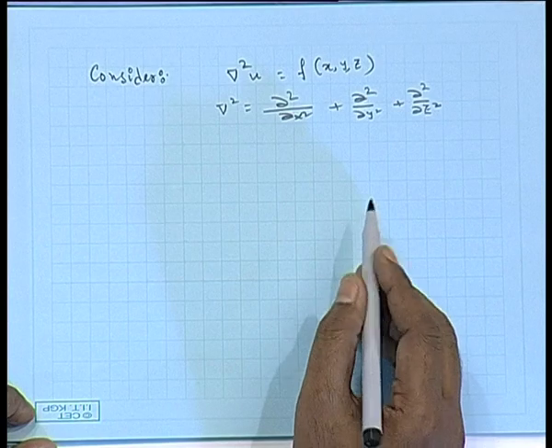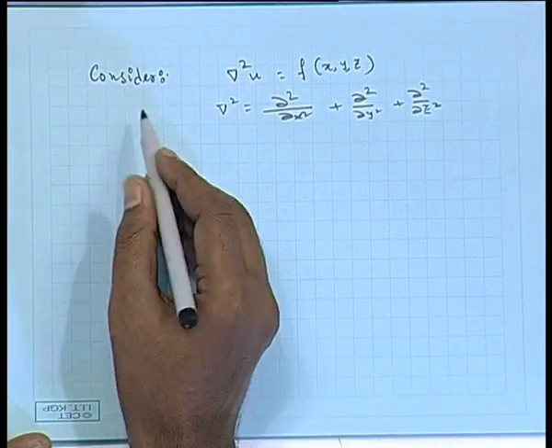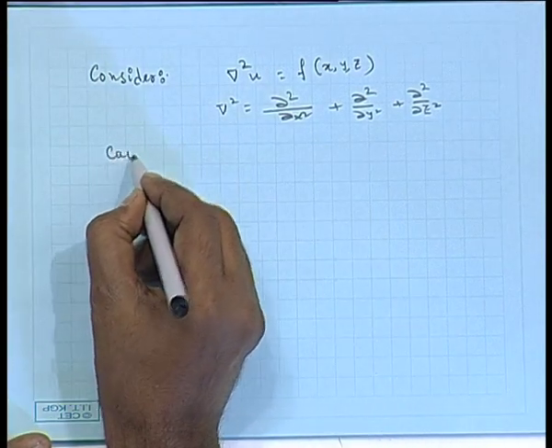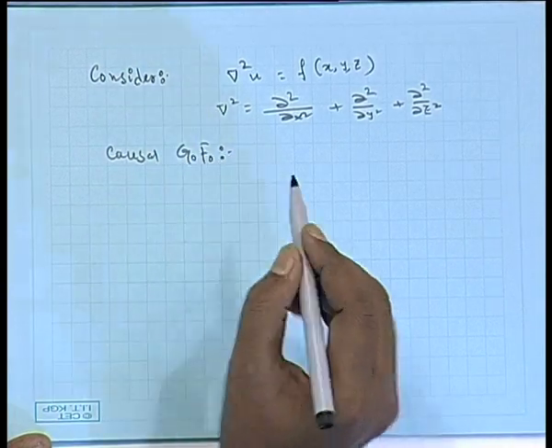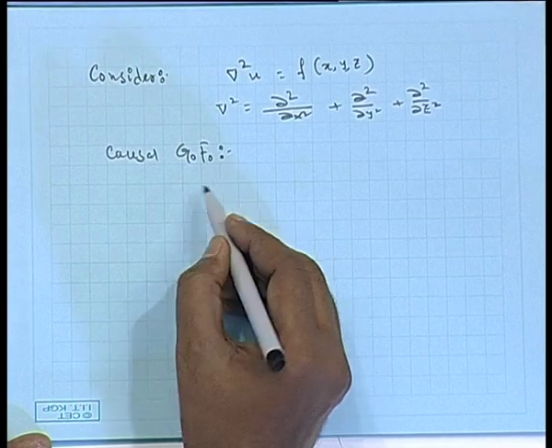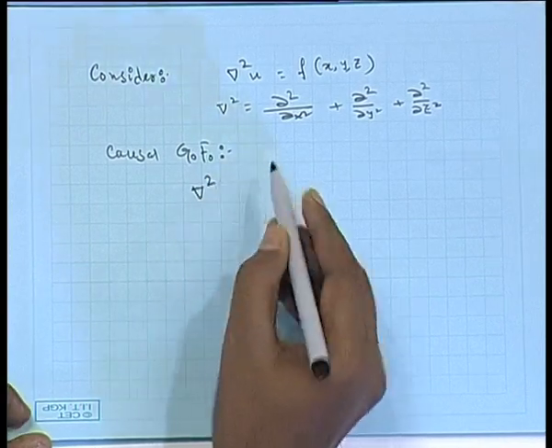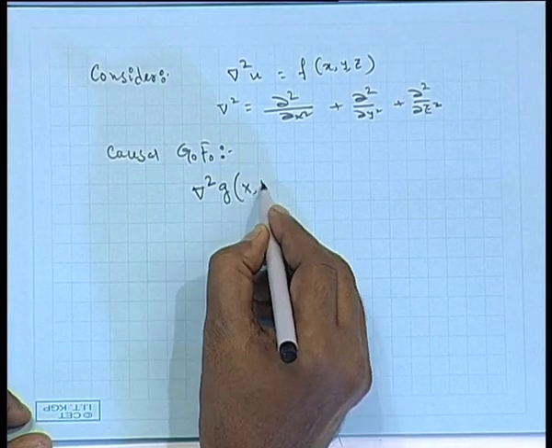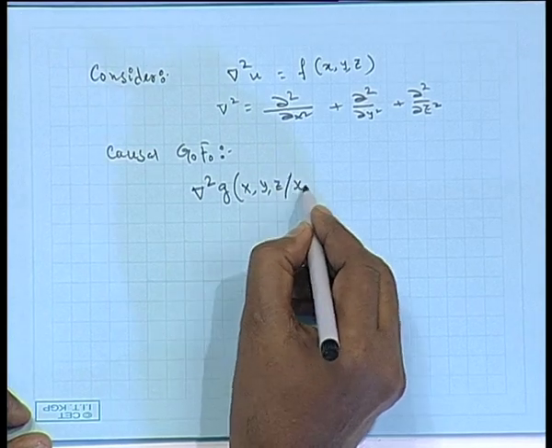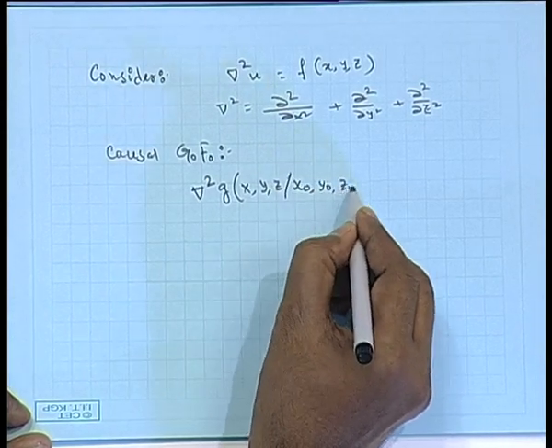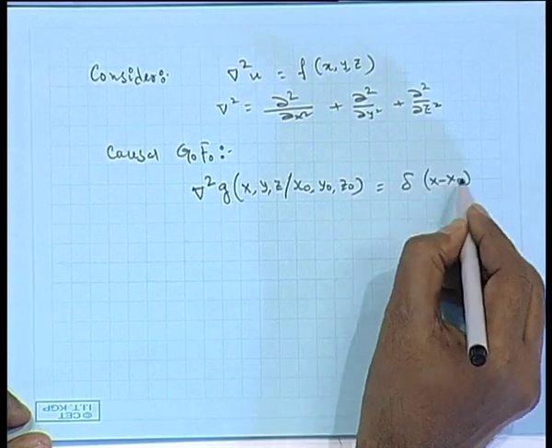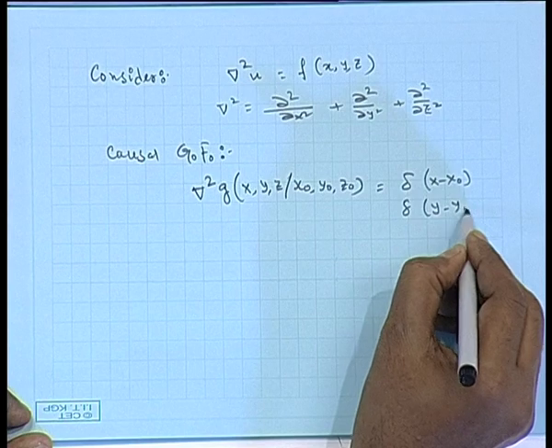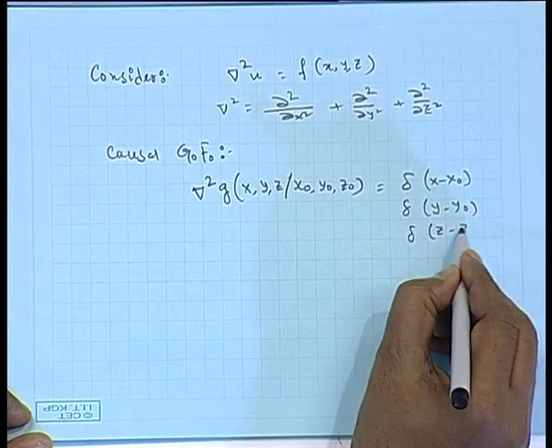Now, we have to first construct the causal Green's function. The causal Green's function will be grad square g of (x, y, z | x naught, y naught, z naught) is equal to delta(x minus x naught) delta(y minus y naught) delta(z minus z naught).